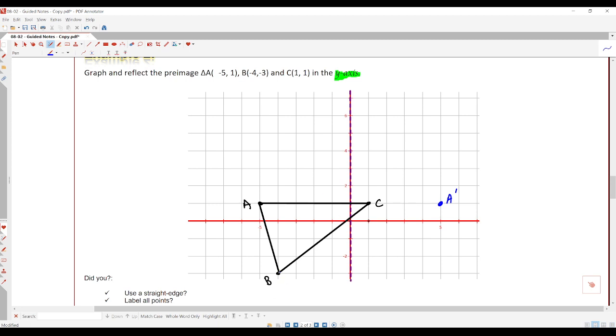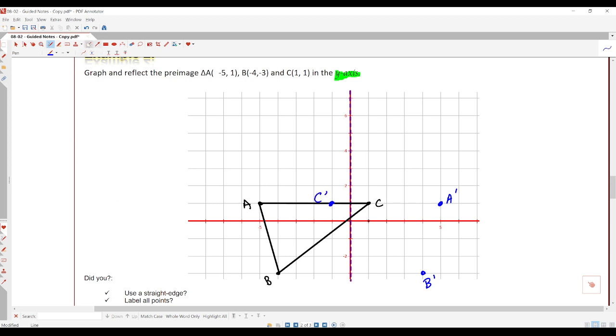Count for B. B is 1, 2, 3, 4 away from the y-axis. So go 1, 2, 3, 4 for B prime. And C is 1 away from the y-axis, so go 1 in the other direction, and we get C prime.